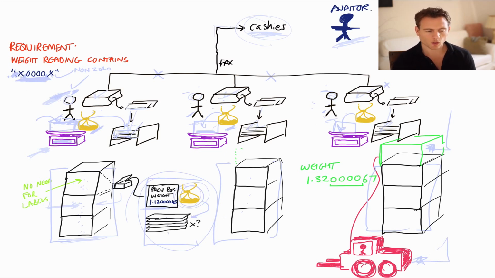So what happens when our guy over here successfully finds a weight of 1.32000067 kilos for the box for all the transactions that have appeared since this box here, the last box, was closed, right?